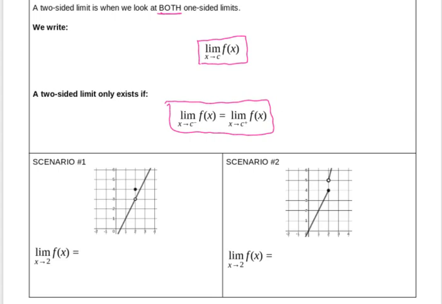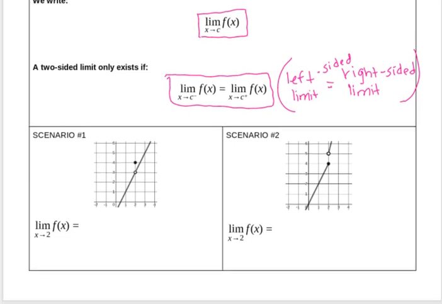So in other words, the left limit has to equal the right limit. Technically, I should be calling it the right-sided and left-sided. But the left and the right have to equal each other or the limit does not exist.